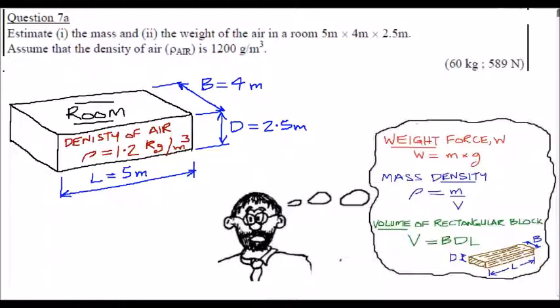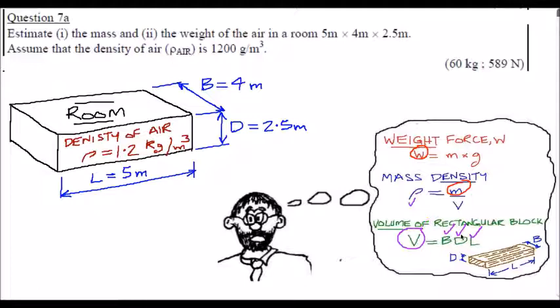So again, briefly thinking through what we need to find here. We're asked to find the mass and the weight. So we need to find the mass here and the weight here in our equations. What we're given in the question, well, we've got the dimensions B, D and L for our rectangular room. So that means we can find the volume. We've also been given a mass density here.